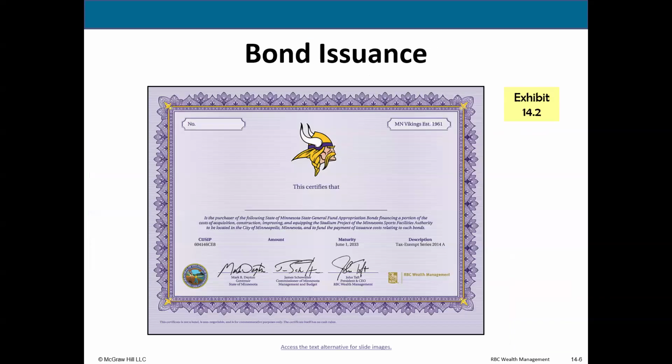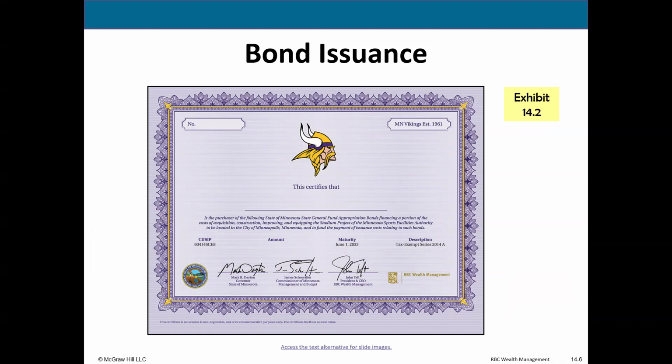So this is what a bond looks like. It looks relatively similar to a stock, except the difference here is that this is a bond, not a share of stock. The bond agreement or contract is called a bond indenture.